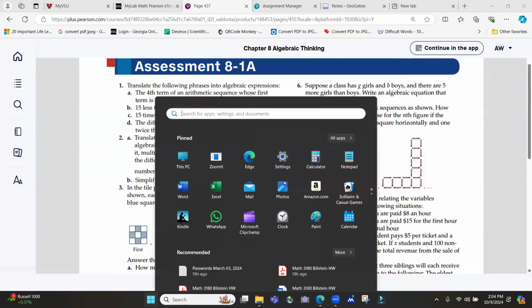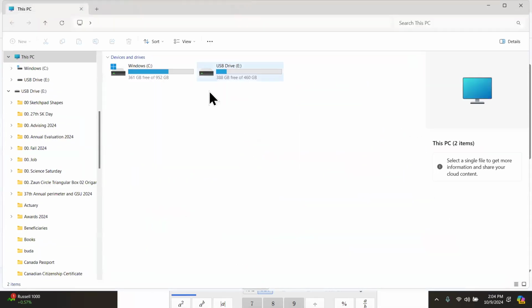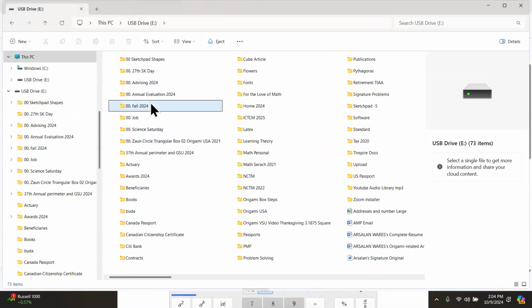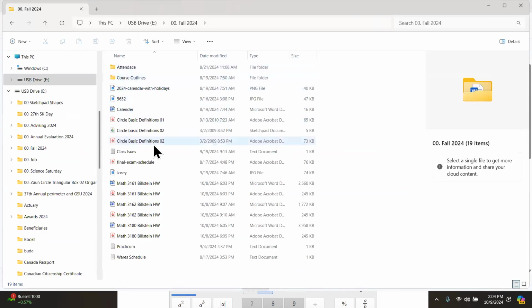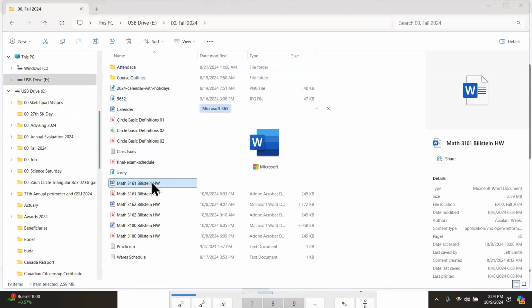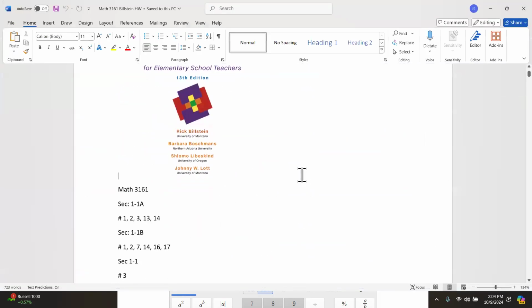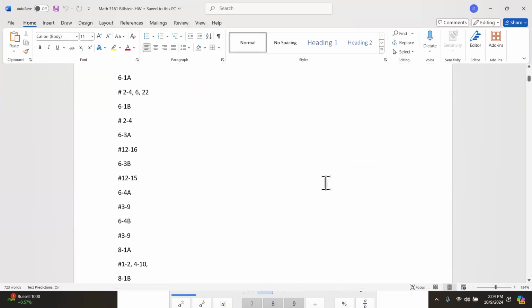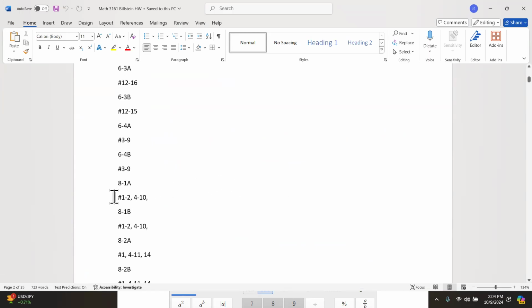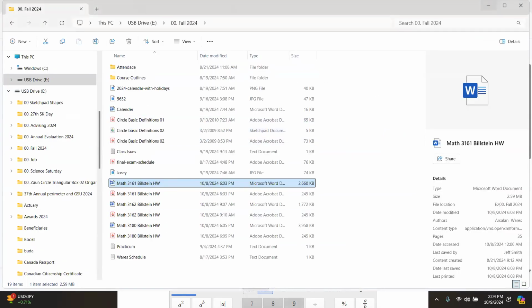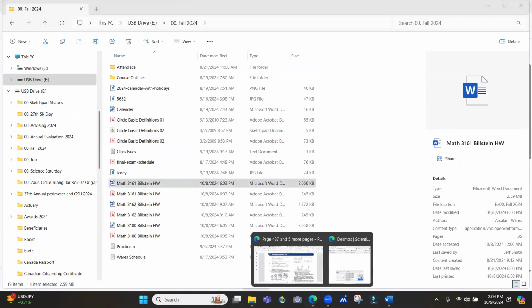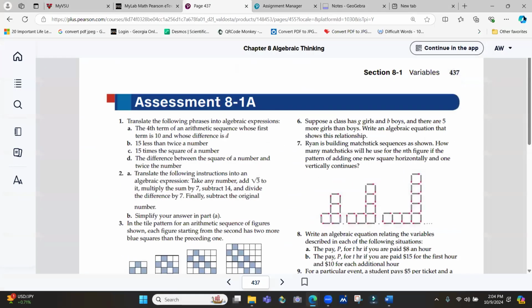So let me see. So this document is also online. 8.1, I assigned you 1 through 10 with the exception of 3. Okay. Essentially 1 through 10, but no 3. Okay. Let's look at some of those problems.